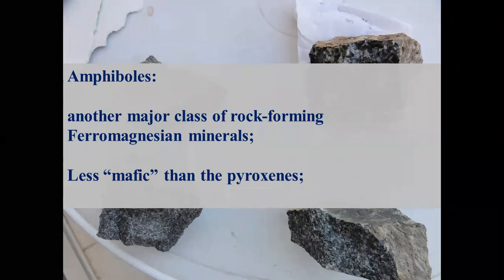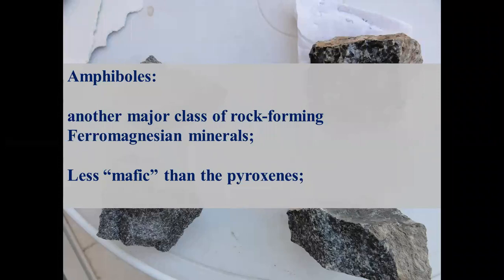They are more hydrous magmas, and it is the hydrous magmas within which the amphiboles are found, because they have some OH in their structure. But they are ferromagnesian minerals nonetheless.